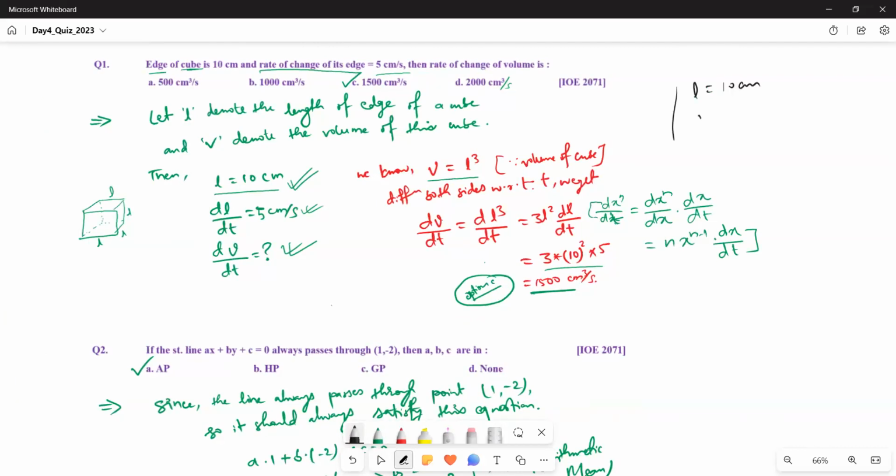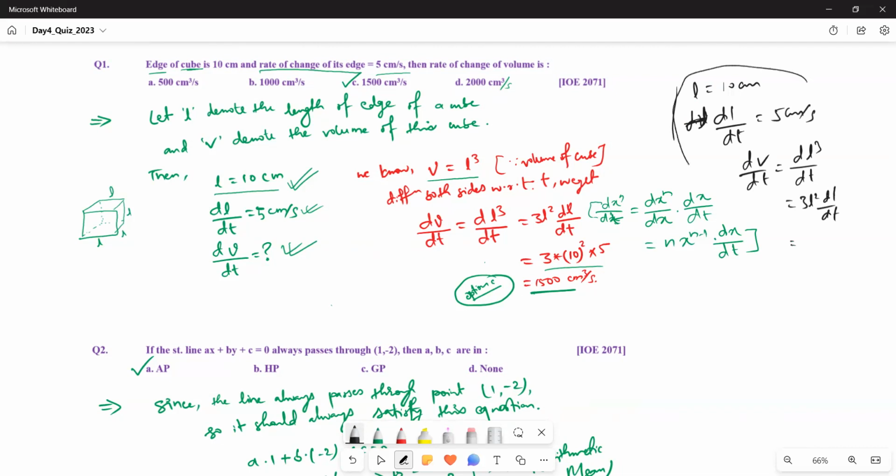Then we have dL by dt. dL by dt is how much? 5 cm per second. Then we have to calculate what? dV by dt. So you can simply write dV by dt equal to d L cube by dt. Then you can write 3L square dL by dt, and then put the values and you are done.